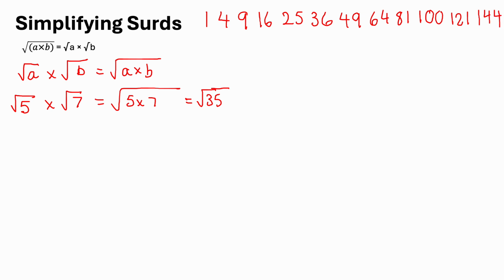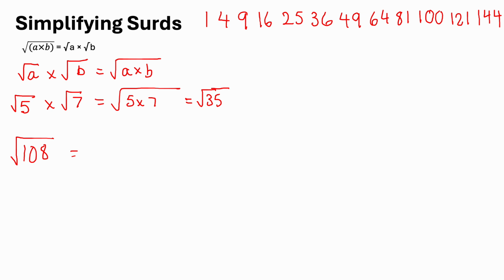So let's say, for instance, we want to simplify root 108. So what we need to do is look at our square numbers and look at our 108. Is any of these square numbers a factor of 108 that we can see? Well, I can see that 9 is a factor of 108.